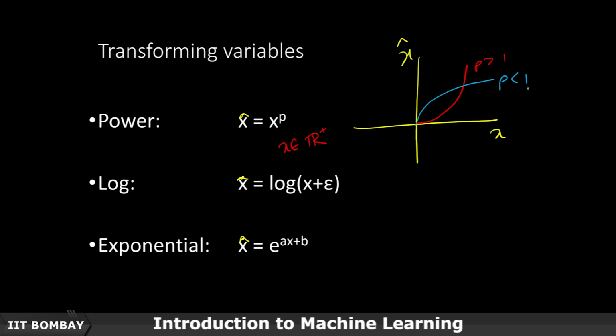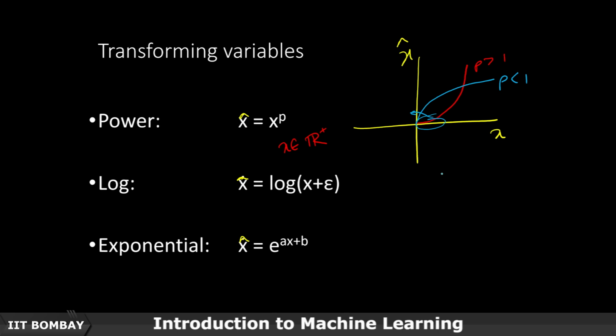So what I am doing is taking a larger range of x and mapping it onto a smaller range for p greater than 1, and doing the opposite when p is less than 1. And I will show you in a bit what that actually accomplishes, but let us first look at some other ones.